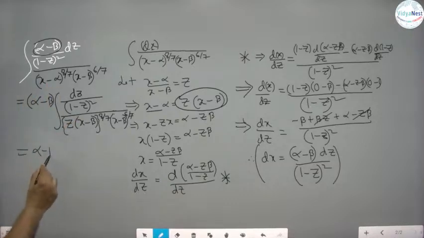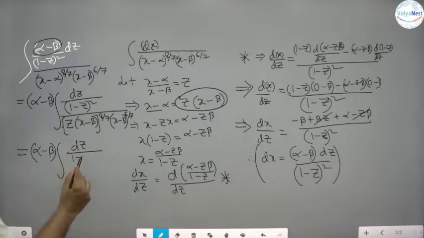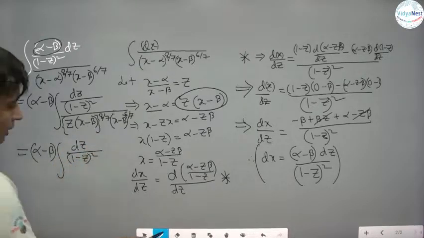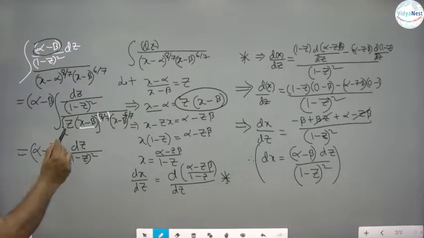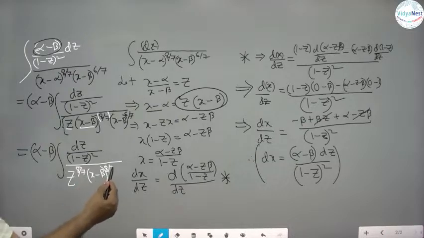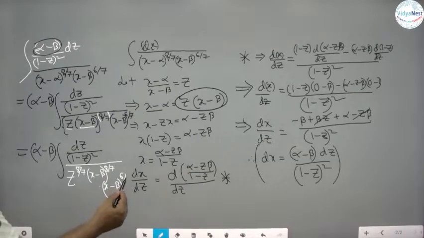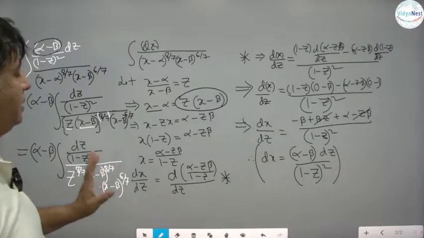So one minus z whole square. Here you see this 8 by 7 is the power of x minus beta as well as z. So you write z to the power 8 by 7 x minus beta to the power 8 by 7 into x minus beta to the power 6 by 7.